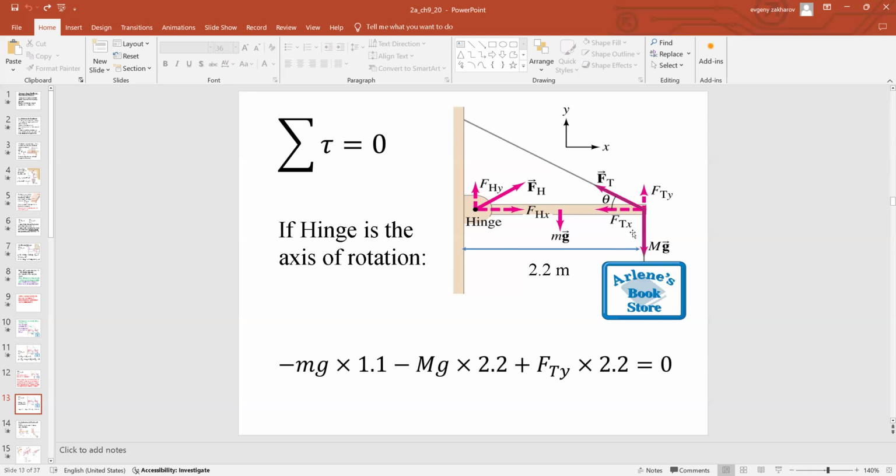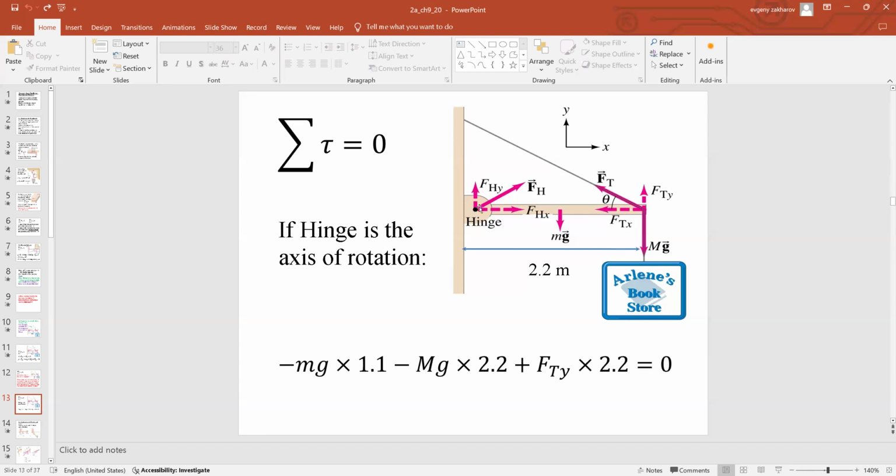So F sub Tx gives you 0 torque because the line of action crosses the hinge and minimum distance is 0, moment arm is 0, and Ft sub x would never rotate anything. In this system, it's Ft sub y, which will start a rotation. So if there is Ft sub y, that's the force, that's the line of action.